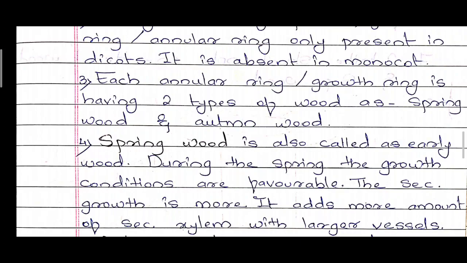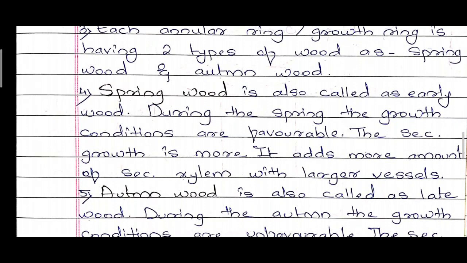Each annular ring has two types. One is the springwood and the second one is the autumn wood. Springwood is also called the early wood, because in the spring season the growth conditions are favorable.